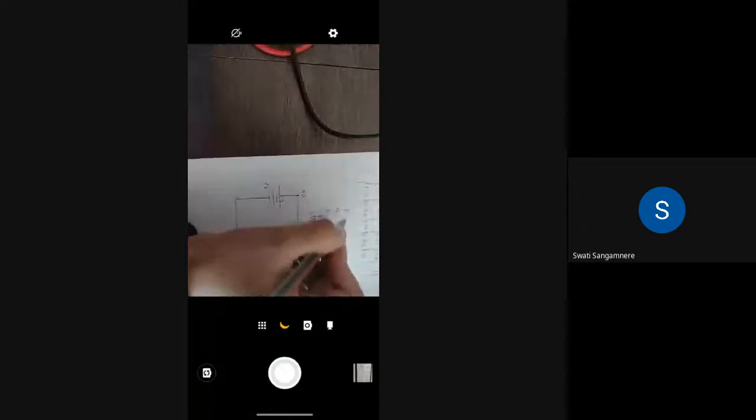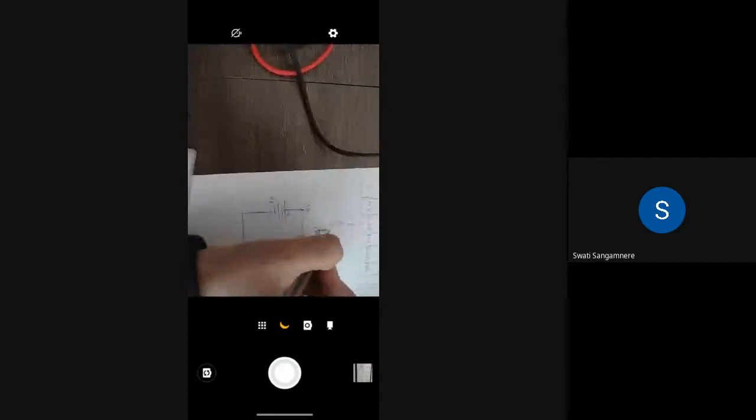So for the first reading, voltage source first is 5 and voltage source second is also 5. Then you can measure the values of resistance R1, R2 and R3 with the help of the multimeter.